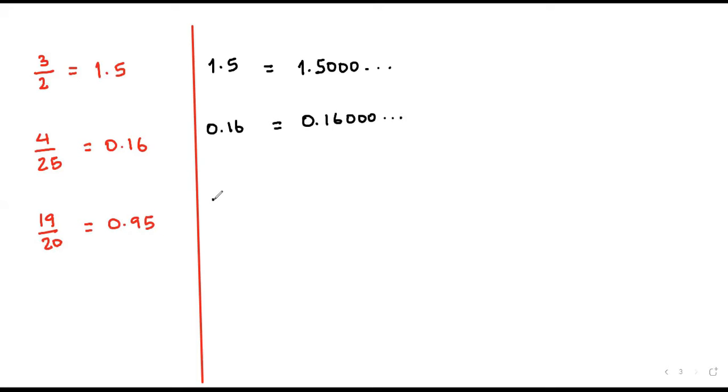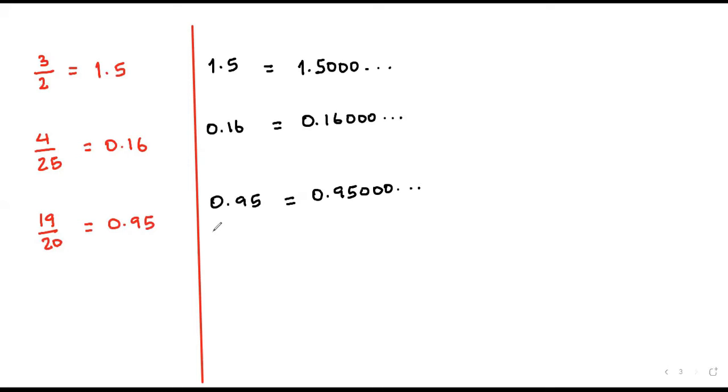If you have 0.95, it is the same as 0.95 and many zeros repeating.